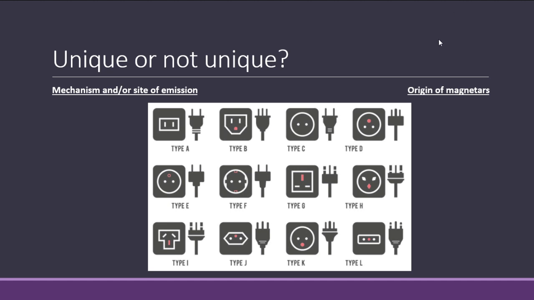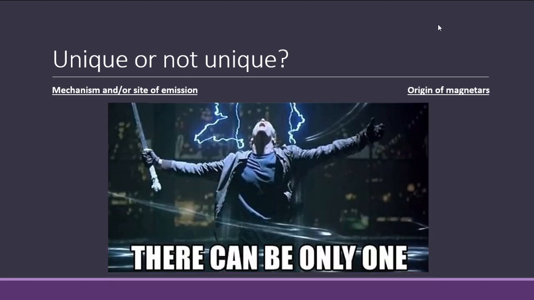But maybe, and I hope, there can be only one. At least this might be true for the site of emission and mechanism of emission, and for the origin maybe we are dealing with multiple populations. So I'll stop here.